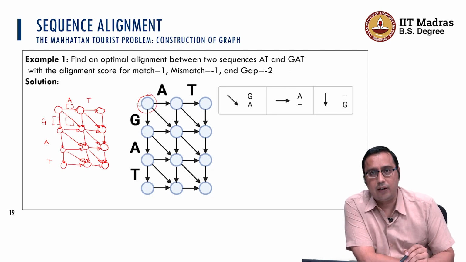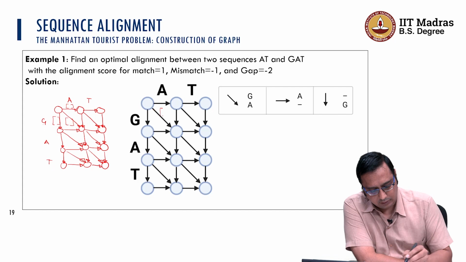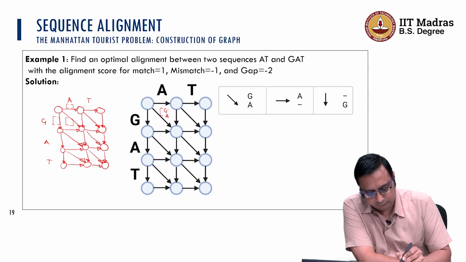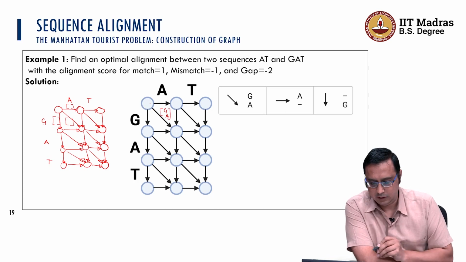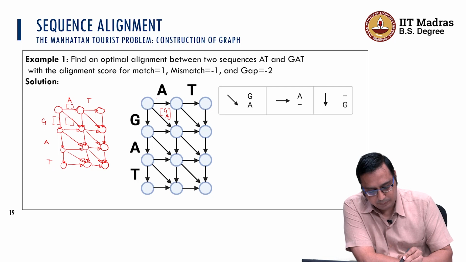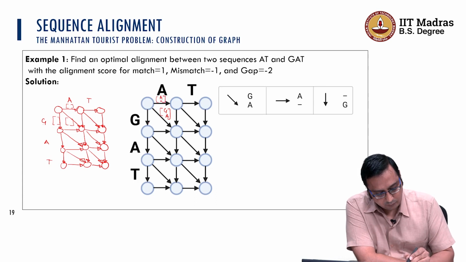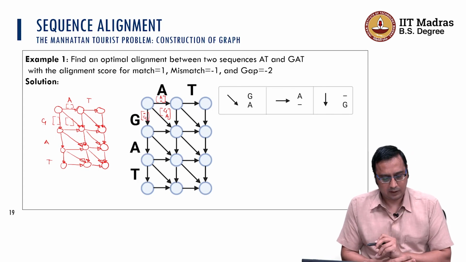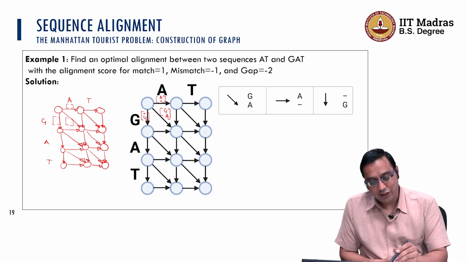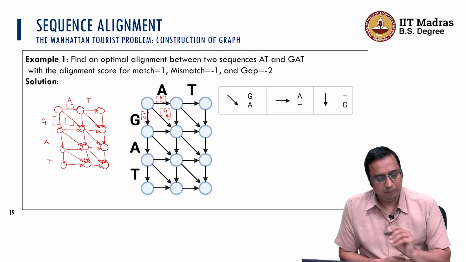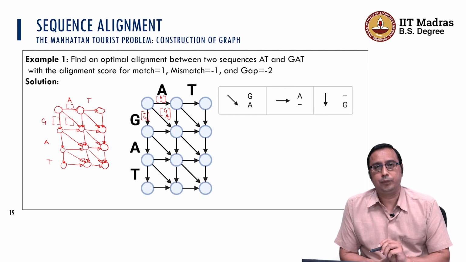If I travel on the diagonal, I'm aligning J with A. When I'm traveling on this particular one, I'm aligning A with a gap, and when I'm traveling on this arrow, which is downward, J with a gap. I can keep doing this for each of these arrows and provide them, as I told you, a score.